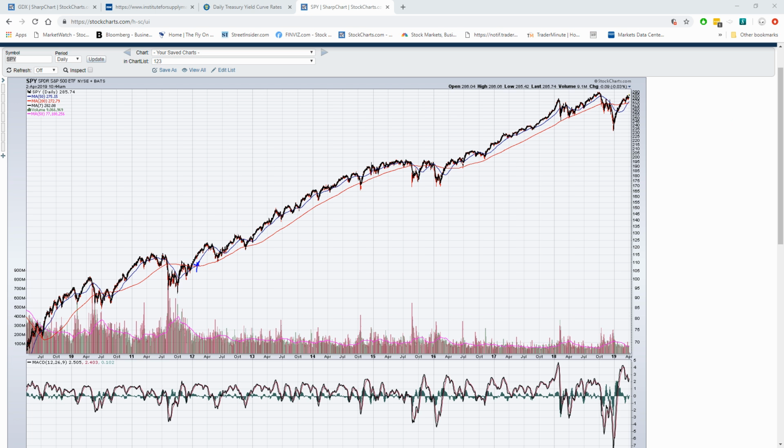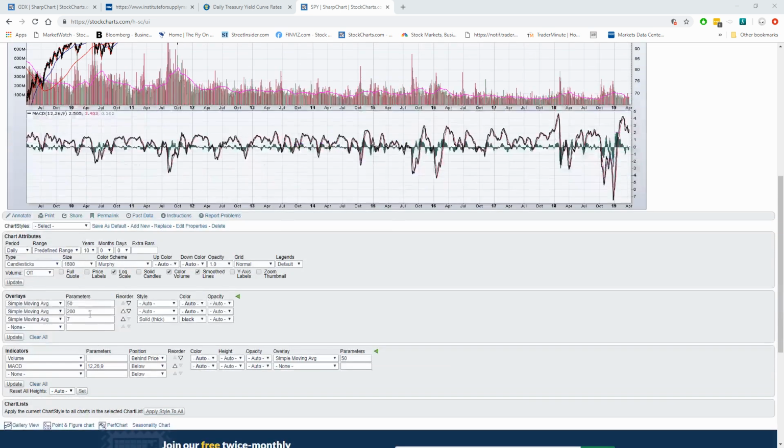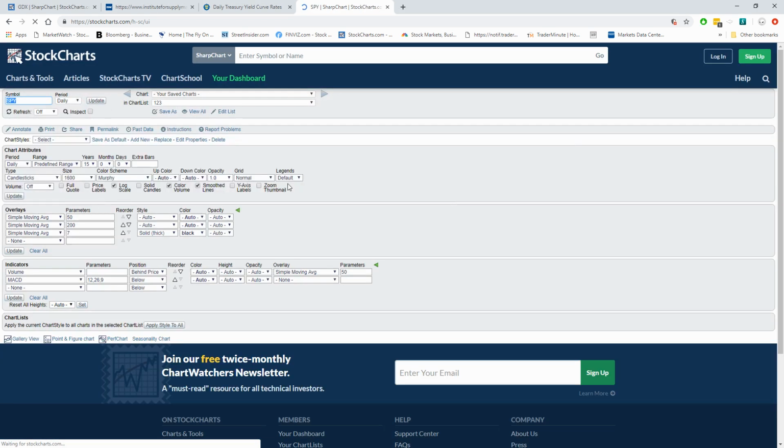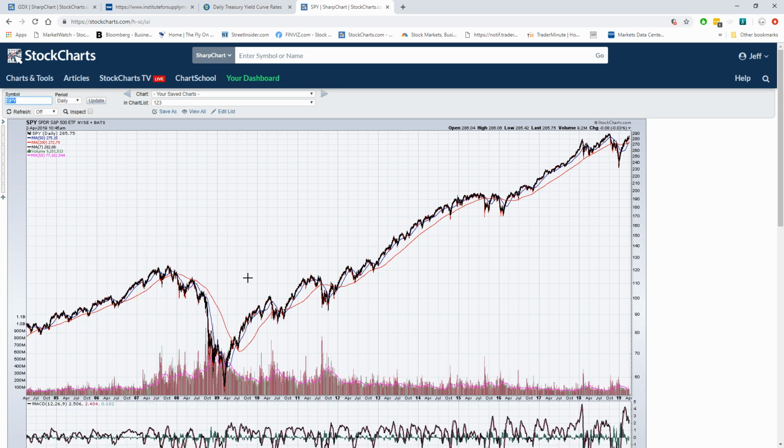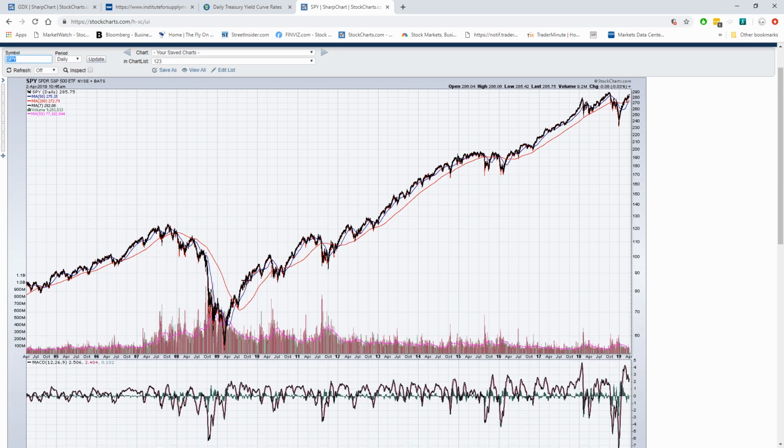And in fact, if we back this data out just a little bit further, let's come here to 15 years. Let's see if we can see it. No, it didn't quite have it right here in 2008. But this was an area where a lot of stocks started to have golden crosses on them during the summer of 2008, and there was a lot written about it at the time. The SPY didn't have it.